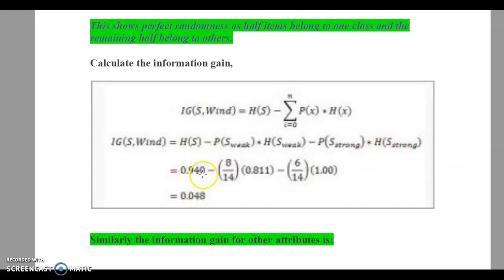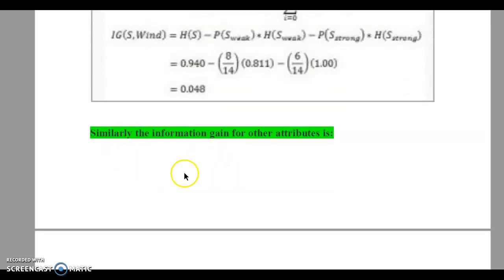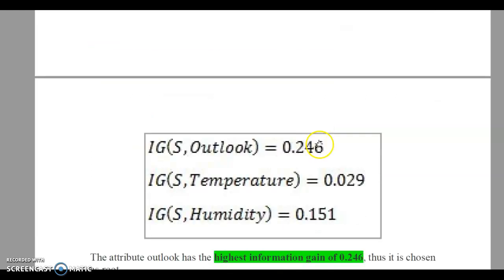That is 0.940 minus 8 by 14 into 0.811 minus 6 by 14 into 1, and you get the information gain as 0.048.